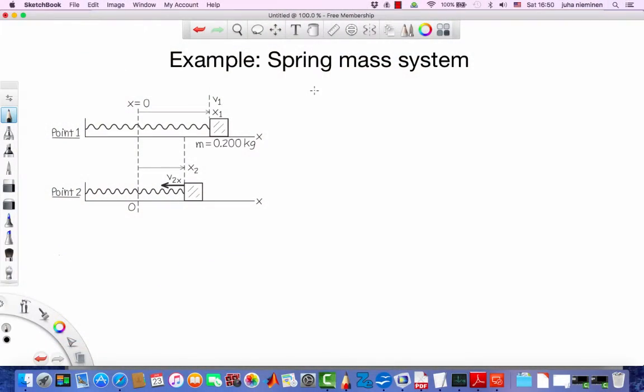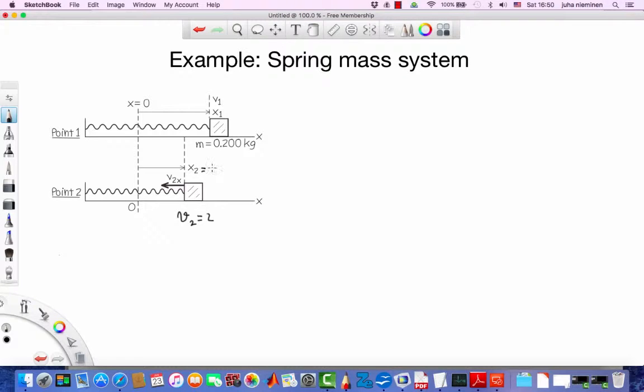The principle of conservation of energy is especially useful in spring mass systems, so let's work out one of them. In this problem, we have the mass in the stretched position of the spring to begin with, x1, and we want to know what is the velocity at point 2 when x2 is at a certain value.